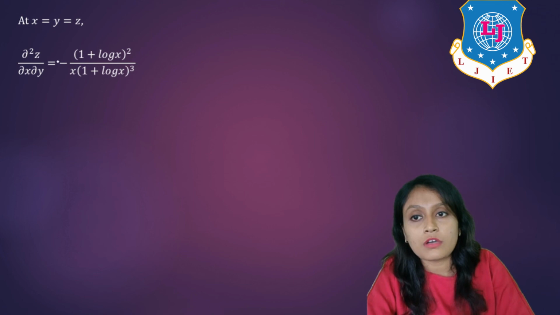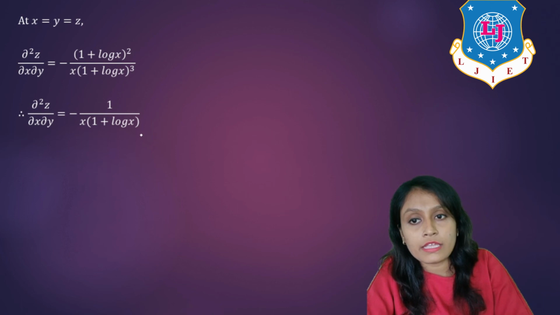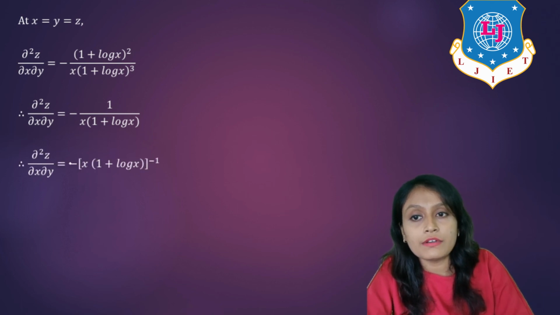Okay, now we have the condition that x is equal to y is equal to z. So everywhere in place of y and z we will substitute x and will make the equation in terms of x. So we have del square z by del x del y as minus 1 plus log x whole square upon x into 1 plus log x whole cube. This 1 plus log x whole square will get cancelled. So what remains is minus 1 upon x into 1 plus log x. To simplify it further, we will write this minus as it is and this denominator term as whole raised to minus 1.